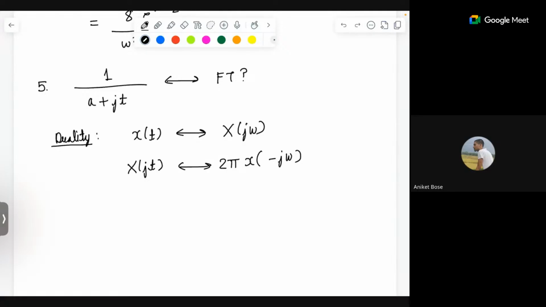Something similar was there in the first question also. Try to relate with that and see if you get the answer.